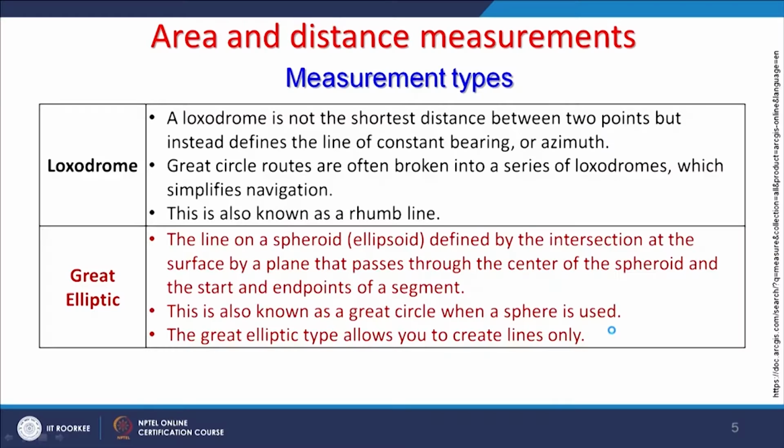Depending on that we should do it, and the same advice here: after each and every operation in GIS, please check for errors. Now, there are some other measurement types which can also be explored, like loxodrome measurement. A loxodrome is not a shortest distance between two points, but instead defines the line of constant bearing or azimuth.